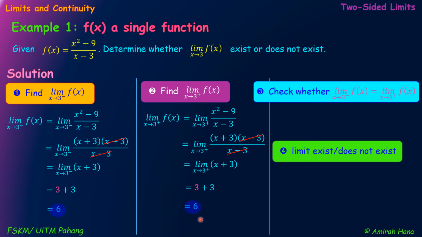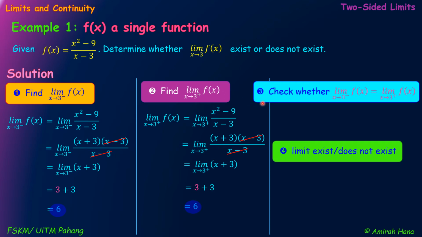We have the same value when we find the left and right limits as x approaches 3. Why? Because we use the same f(x), since f(x) is given in a single function.